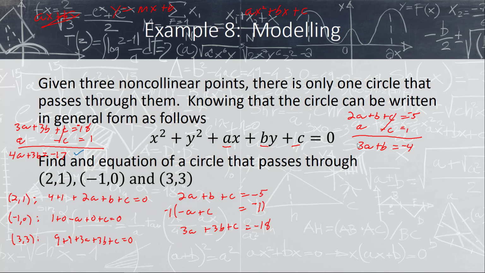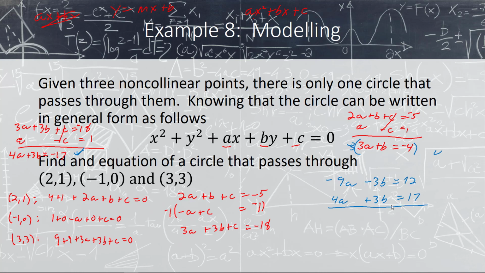Okay, now what I want to do is combine these 2 equations, this equation and this equation, but I want to multiply this equation by -3. And that will give me -9a minus 3b is equal to 12. And over here I will have 4a plus 3b is equal to -17.